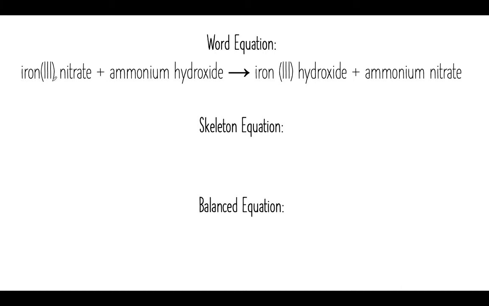So iron(III) nitrate is Fe(NO3)3 plus ammonium hydroxide is NH4OH. This involves you being very familiar with our chemical nomenclature module and being very quick and fast at writing the chemical formula if you're given a name.